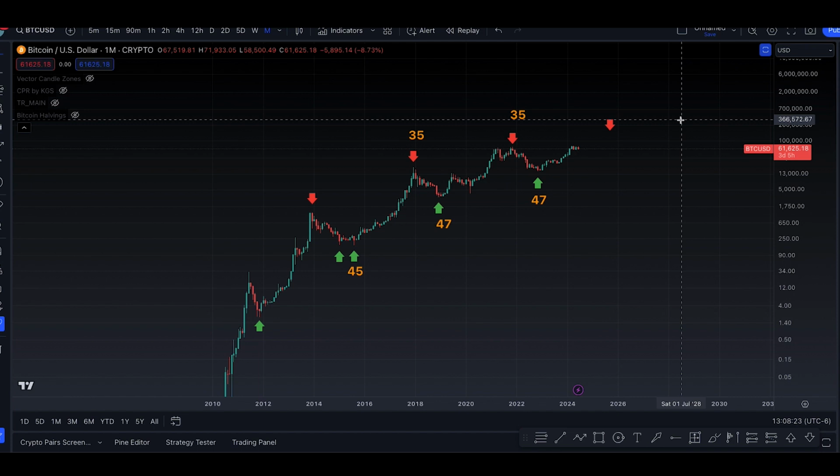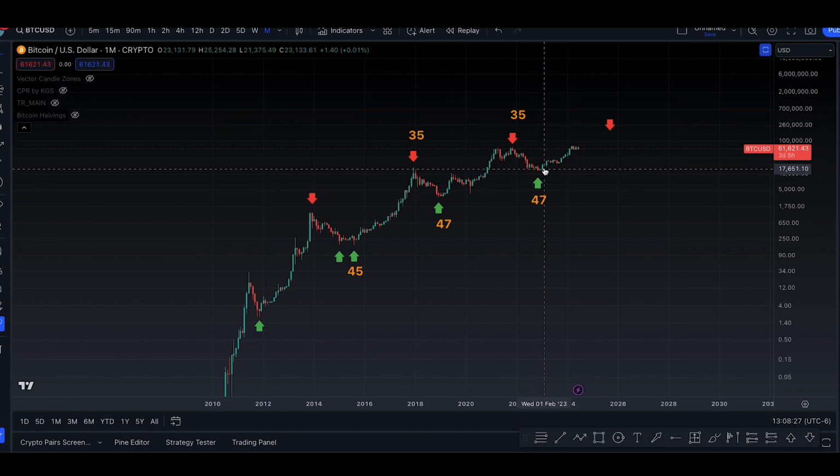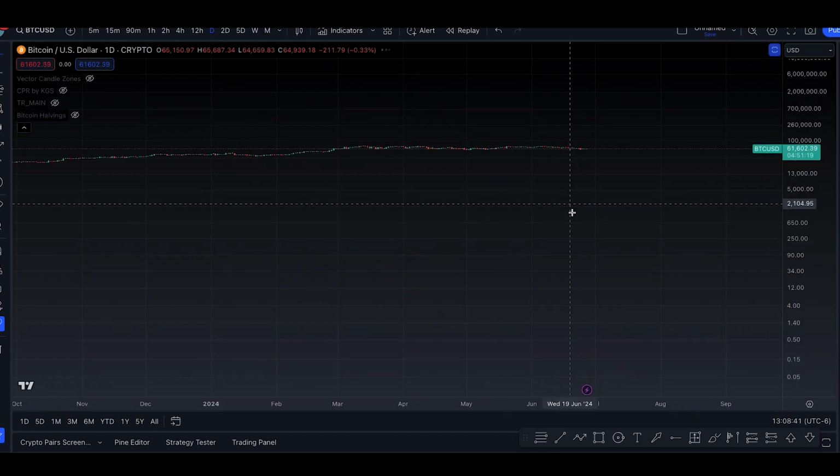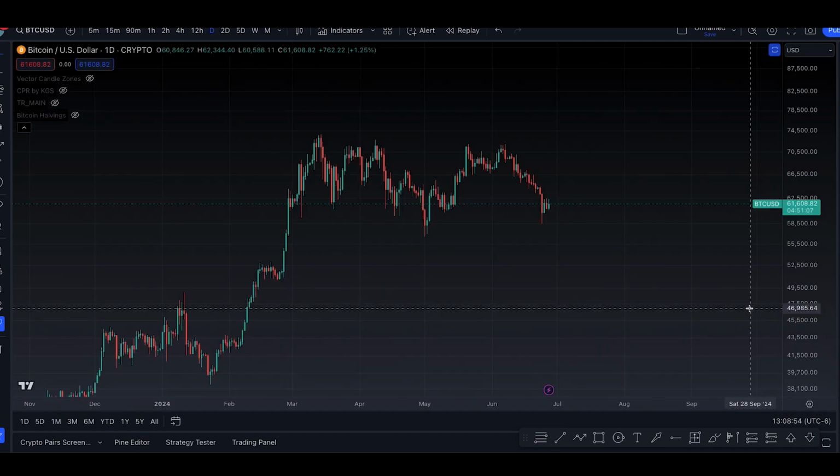Not timing it perfectly, but well enough to where, again, as he entered here and here, he got to see only upside, which has allowed him in the past to weather sideways chop like we're seeing now, and allow Bitcoin to truly reach price discovery mode.